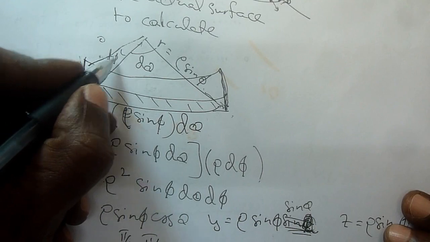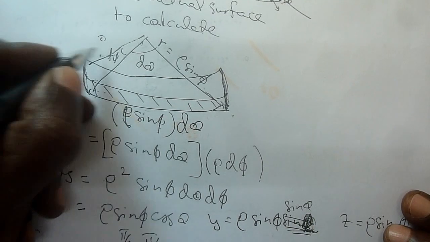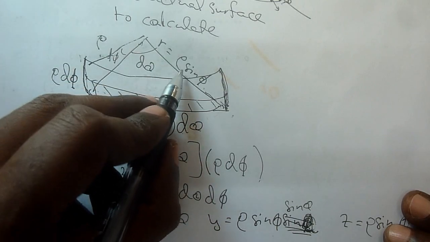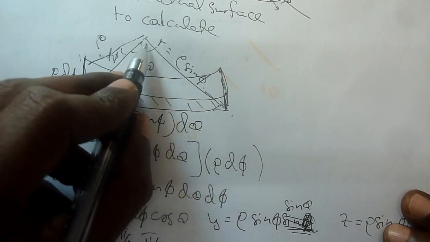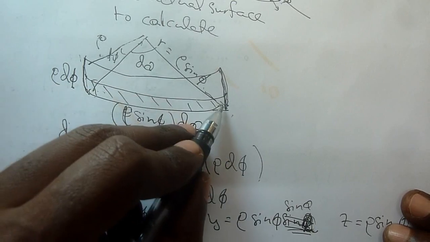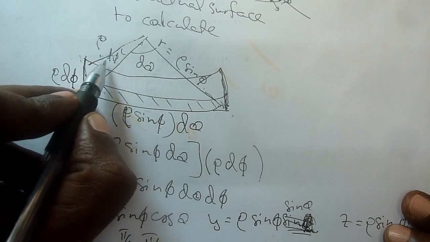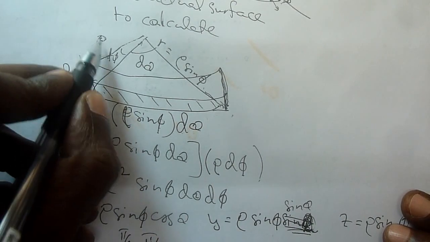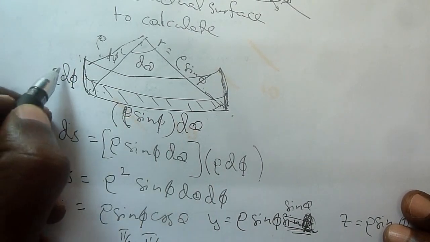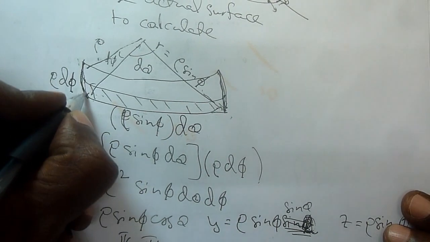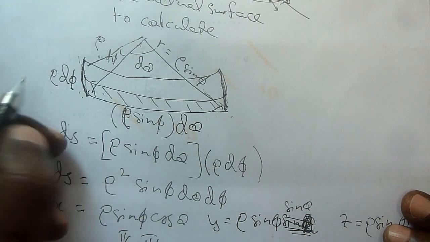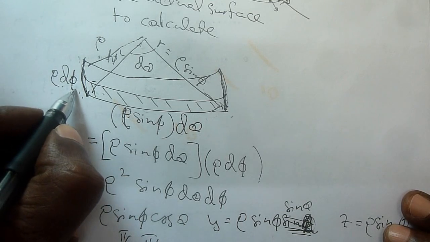It's d phi times rho. You can ask me what happened to the sine. I already told you several times, that was the horizontal. Here we are pulling this up, vertical. Therefore, rho d phi gives the upwards surface. We just say rho d phi.